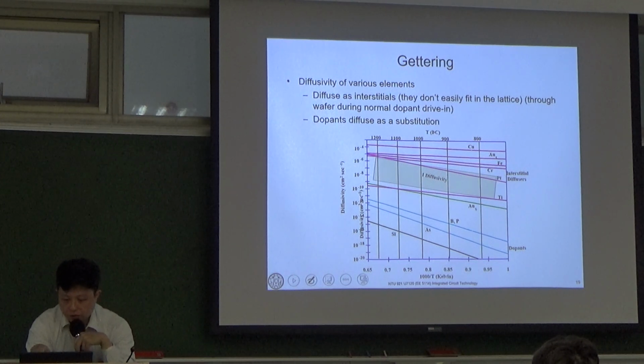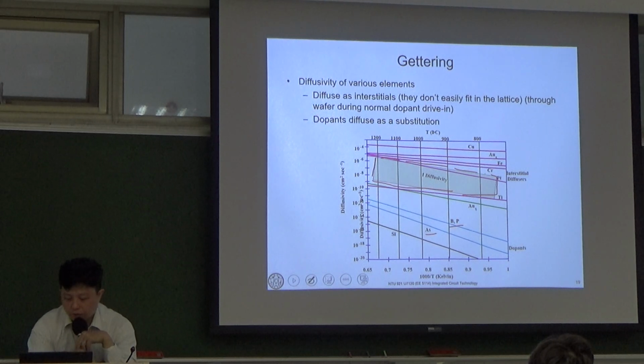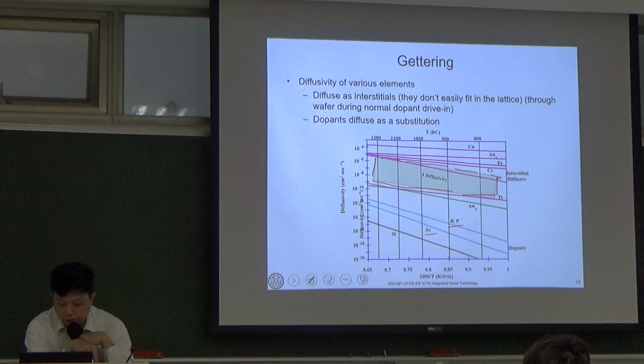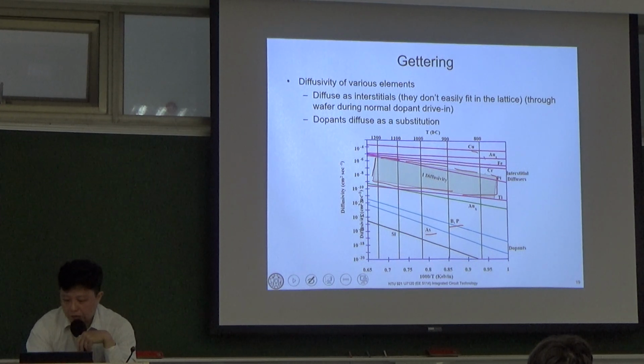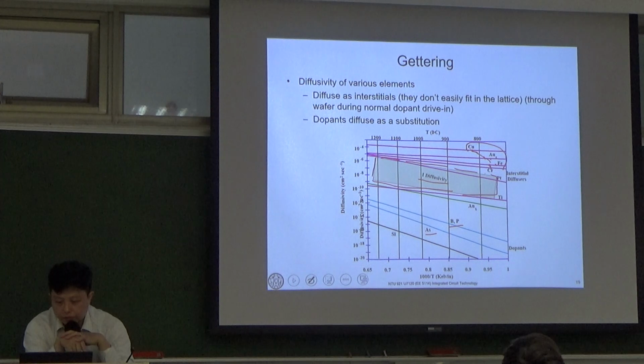So we can see there's a region for these interstitial diffusers to move around in your material. It's even larger than the conventional dopant inside your silicon. And here are some deep level metals, and also this silicon interstitial defect. They all move faster than your dopant.